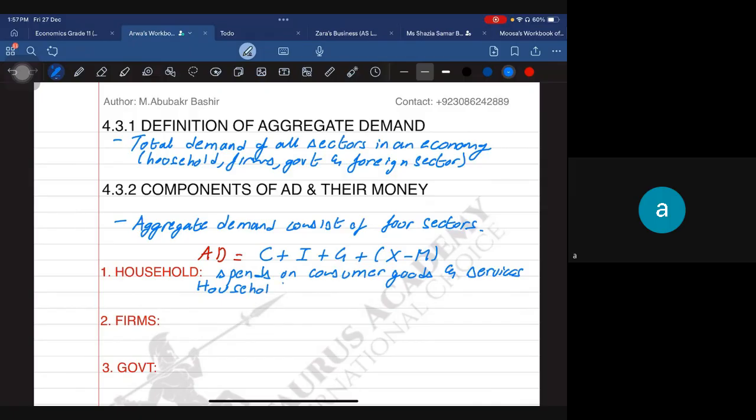So household demand is consumption, which is C, right? The firms, they basically produce goods and services.